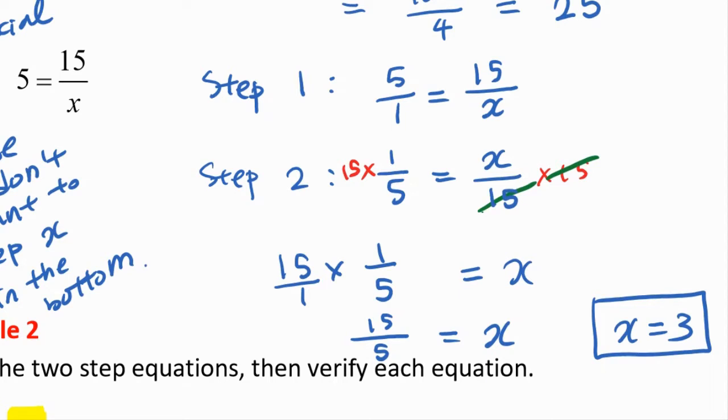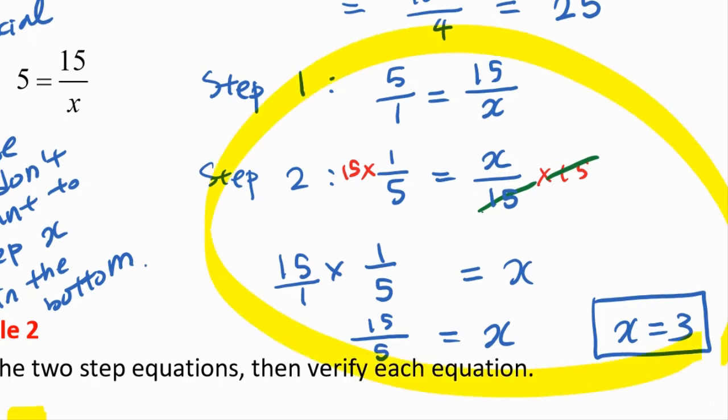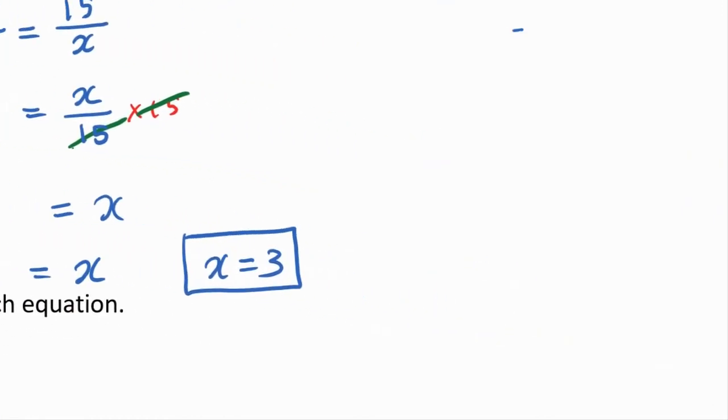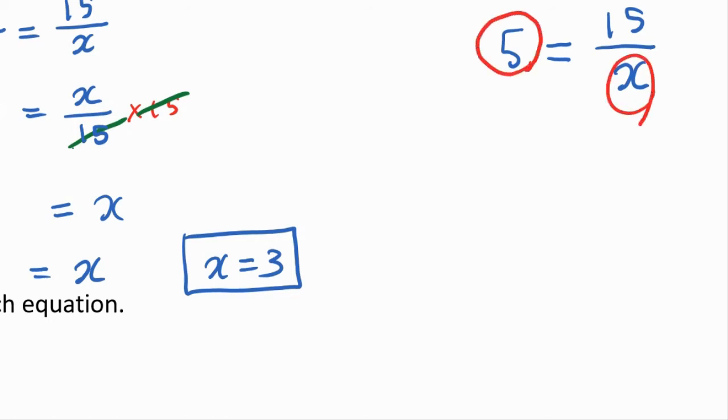And if you understood how to solve this problem using this method, I'm going to let you know a trick to solve this kind of problem. I'm just going to rewrite the question here again. Everyone, when you have x in the bottom and a whole number on the left hand side, remember this, you can always switch x and 5.